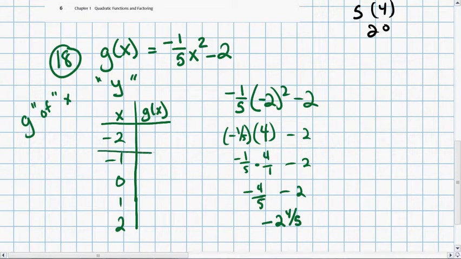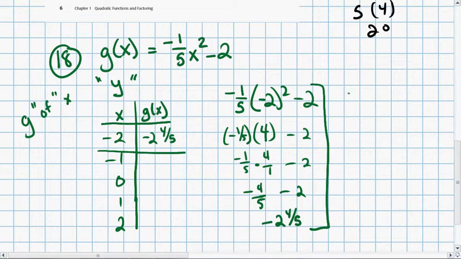So when x is -2, g of x is -2 4/5. And if the fractions are freaking you out a little bit, stop this video, back up, and listen to what I'm doing again, and see if you can figure this piece out here. If not, make sure you're asking me or Miss M tomorrow in class.